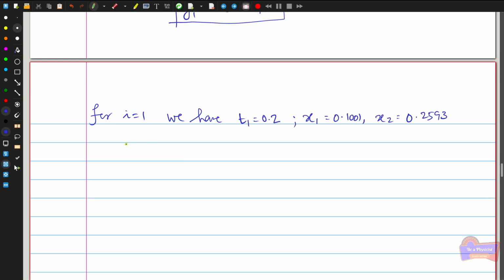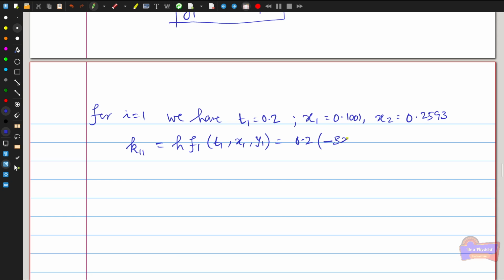Similarly, I can calculate the slopes again. k11 is equal to h times f1 of t1 comma x1 comma y1, which is 0.2 times minus 3 times x1 plus 2 times y1.